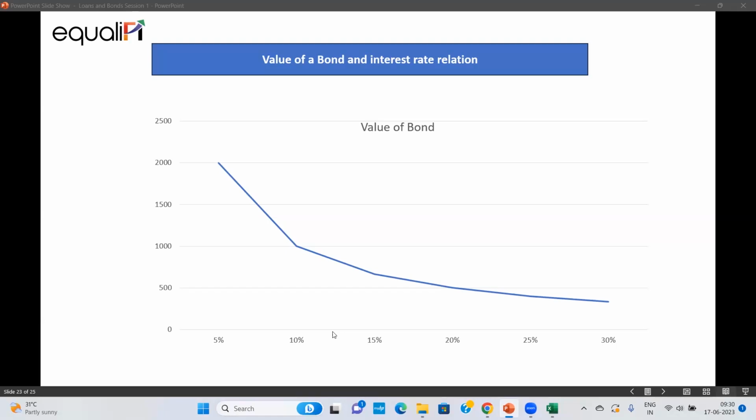No, not the coupon rate. Market interest rate. Okay. Bank ROI. Okay. What else?